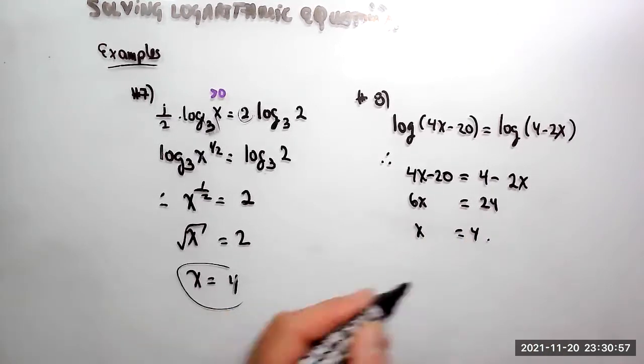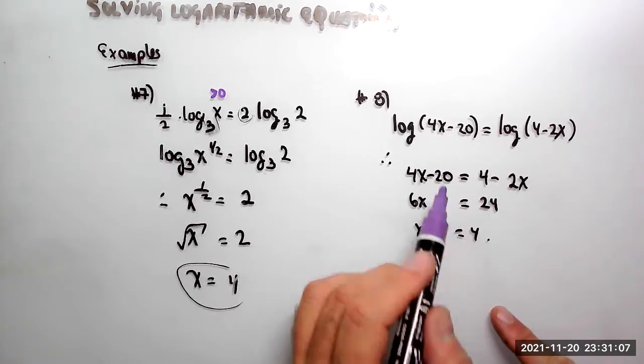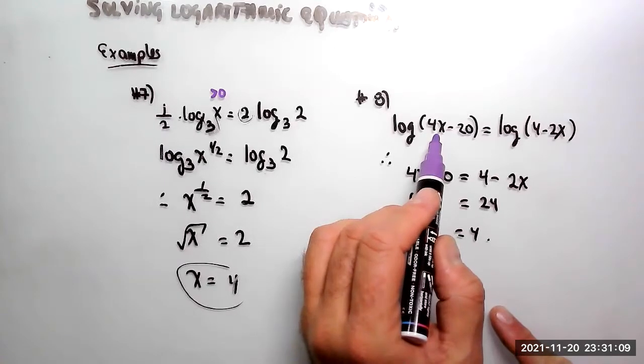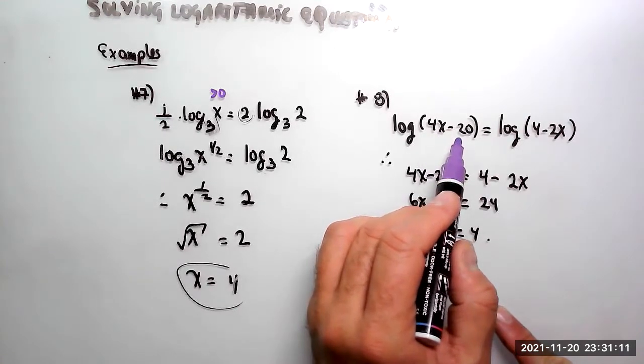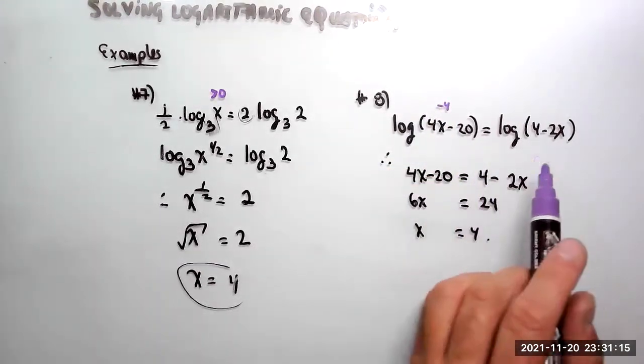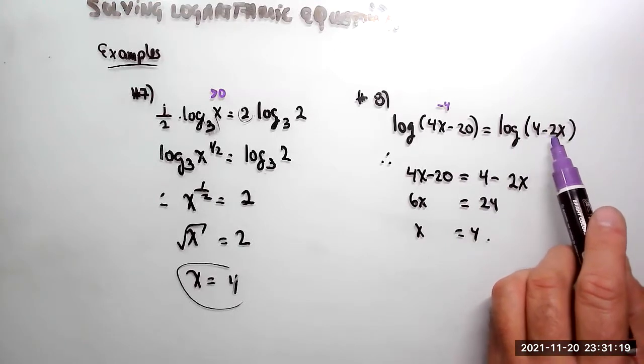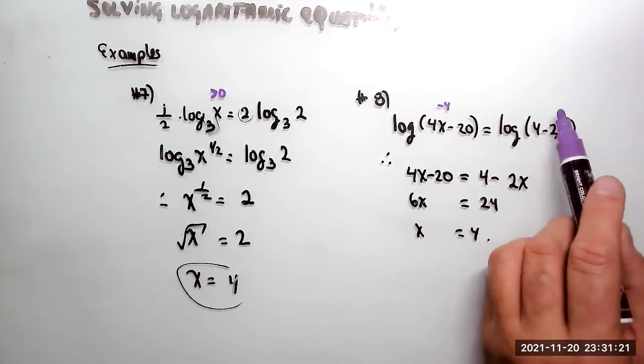Yeah, here we got 4, the same number. However, be careful when we plug in the number, we cannot violate the rule, the domain. So when x equals 4, 4 times 4 is 16 minus 20, that would be -4. That sounds awful. Actually, same here. When x equals 4, 4 minus 2 times 4 is 8, that would be -4.